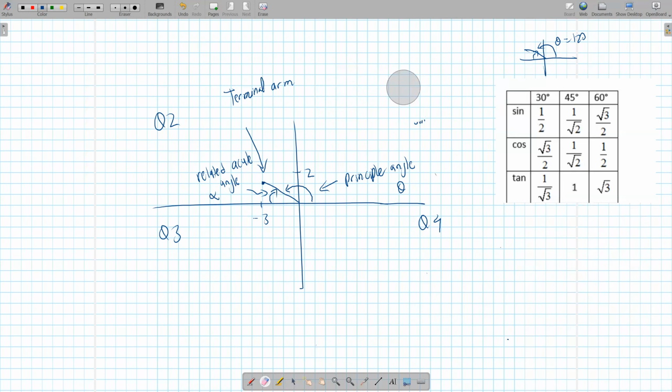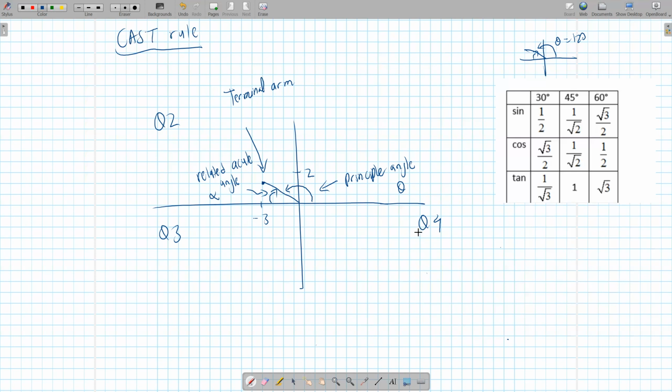So now let's add something to this. So the way it works is like this, okay? There's something called the cast rule. Everything we've done so far applies, but sometimes it'll be positive and sometimes it'll be negative. Now, how do you know when it's positive or negative?